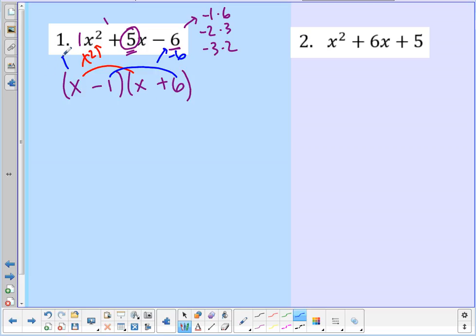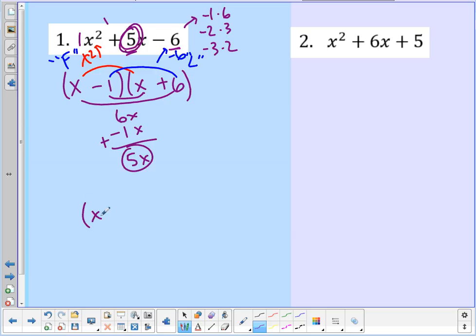So that was the F, if you will, and the L. It's the insides and the outsides that we have to really make sure of. So my outsides are the 6x, my insides are negative 1x, and if I do 6x and negative 1x, I get 5x. So I know that is the b term that I want. I know that that's my factored expression, x minus 1, x plus 6.